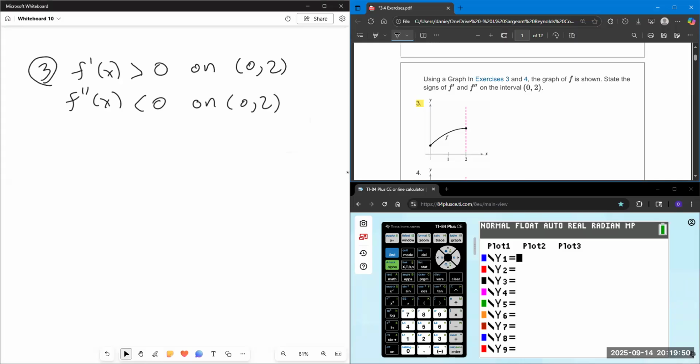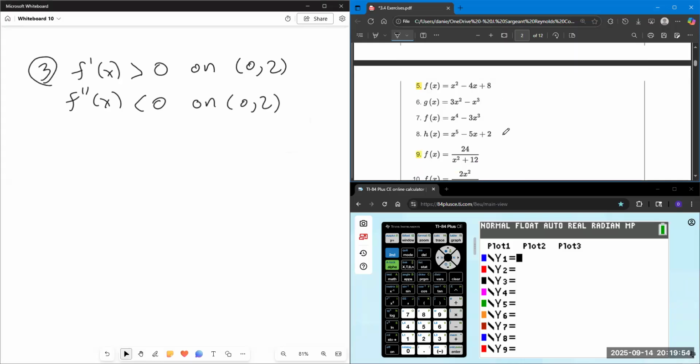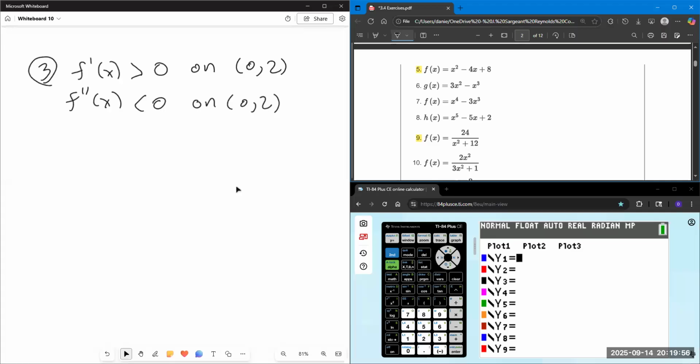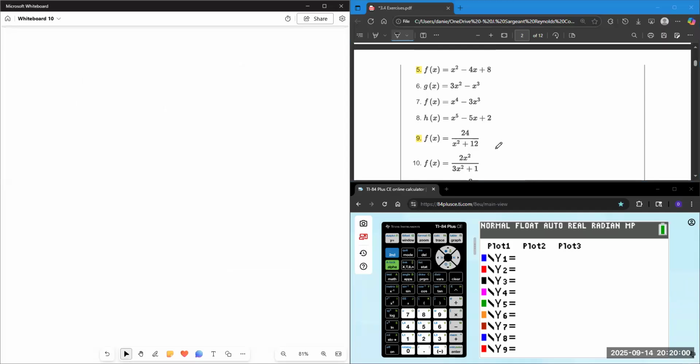So, all right, let's look at number 5. Number 5 asks us to find the intervals over which we are concave up or concave down by using the second derivative. So I'm going to find the zeros of the second derivative to answer this question.